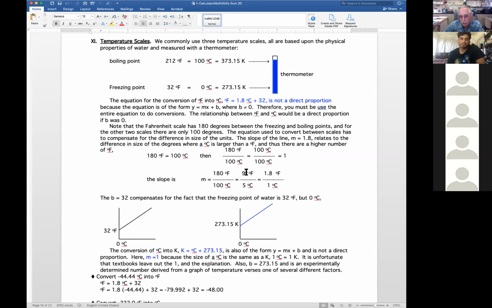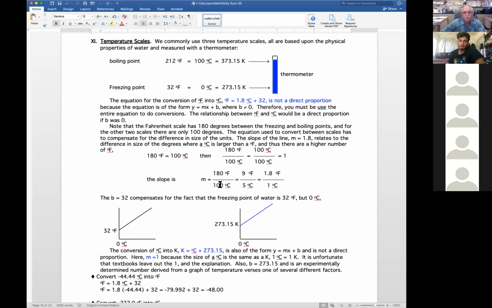If I take 9 divided by 5, or if I take 180 divided by 100, I get 1.8 over 1. The problem is mathematicians, most scientists don't use the units. So this should be 1.8 degrees Fahrenheit divided by 1 degree Celsius, which is the slope of that line.